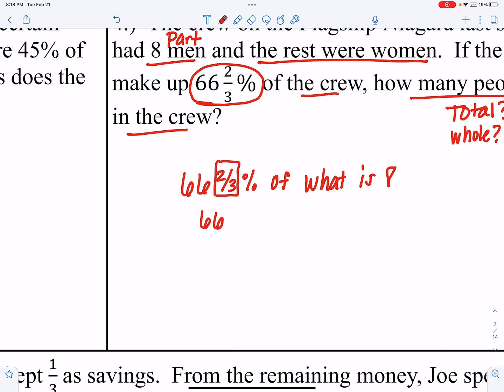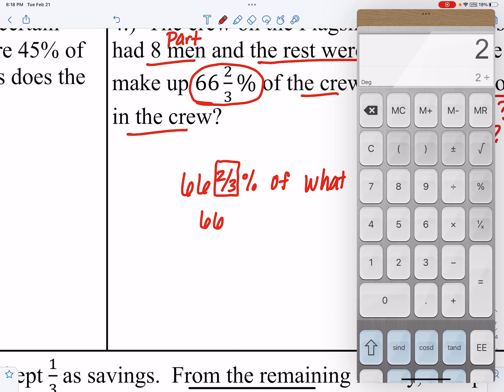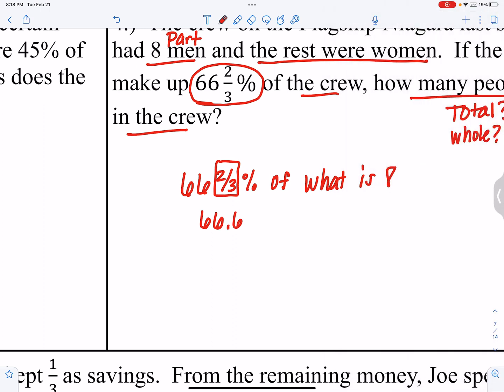So we still have 66, and you have to know what 2/3 is. If you don't remember, you could always just do 2 divided by 3, and you can see it's 0.6 repeating. Because we have to change this to decimal form, we have to make it look like a decimal so we can move the decimal place first. This is still in percent, remember, because we haven't moved the decimal yet.